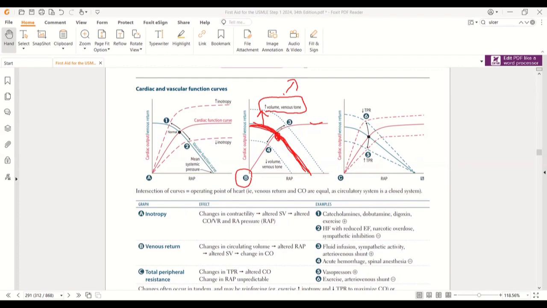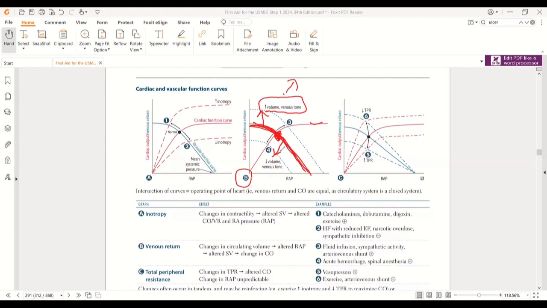If this subject lost blood, with massive loss of blood, what will happen to the venous return? It will decrease, right? Yes. Okay, you have to understand where the arrow moves. If you infuse fluid or increase the sympathetic activity, it will lead to increased venous return.